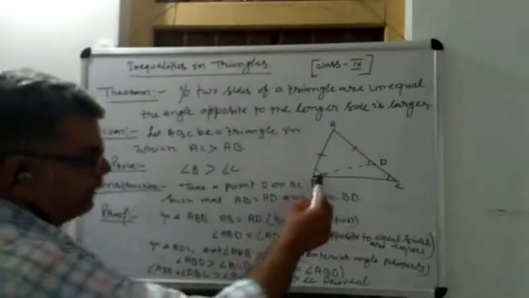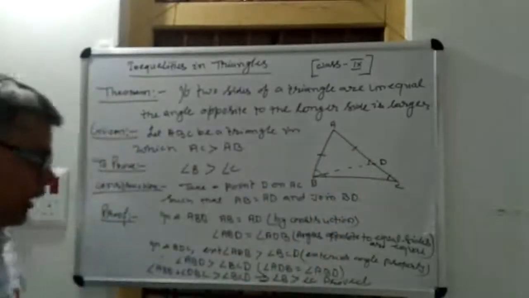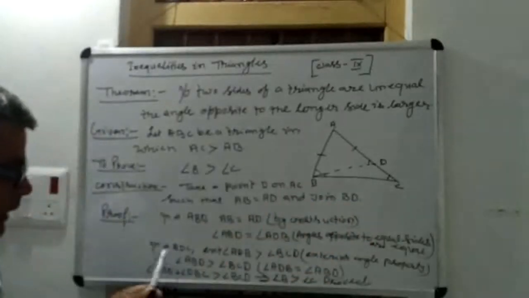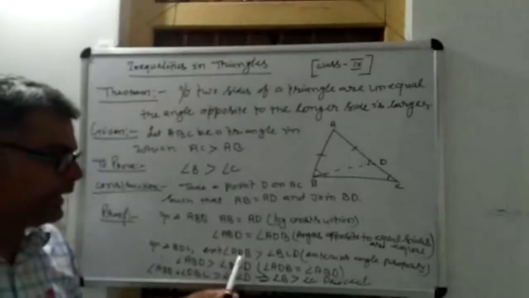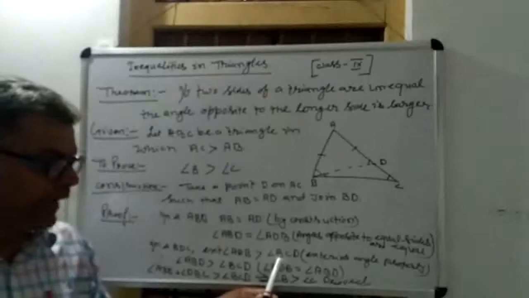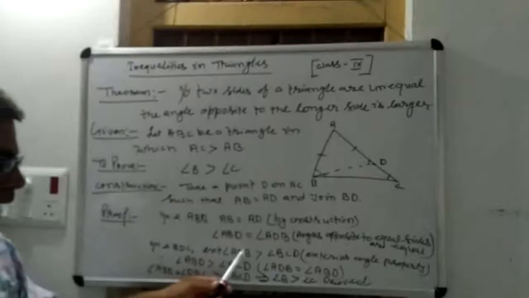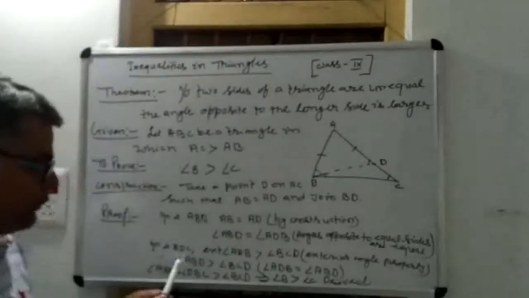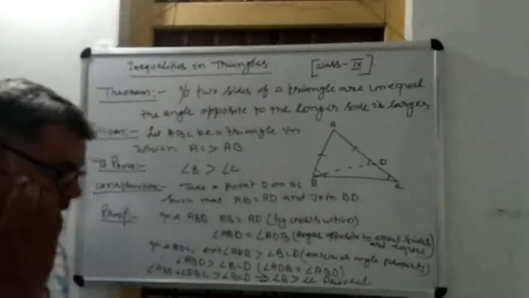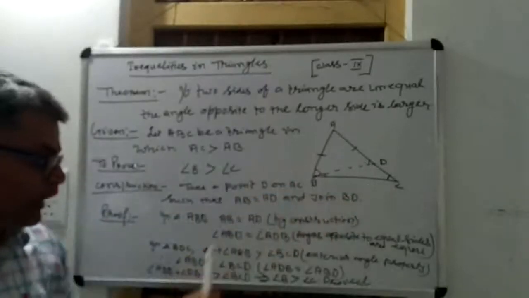Now in triangle BCD, angle ADB is an exterior angle. As you know, the exterior angle is equal to the sum of two opposite interior angles. So in triangle BDC, exterior angle ADB must be greater than one opposite interior angle, that is angle BCD, by the exterior angle property. Now ADB was equal to angle ABD, so angle ABD is greater than angle BCD. Now you add angle DBC to the LHS.